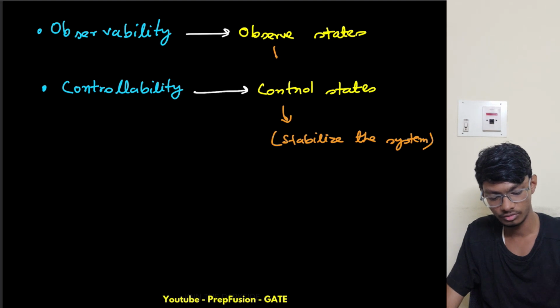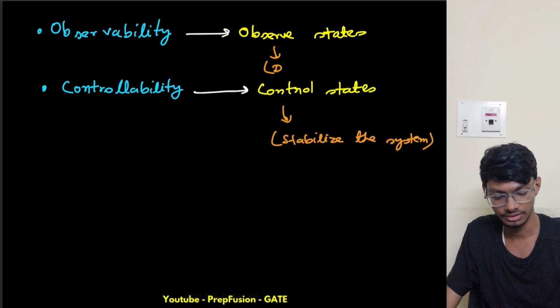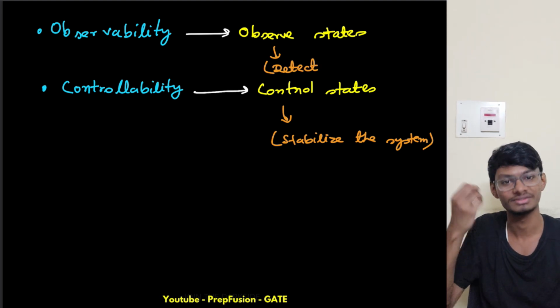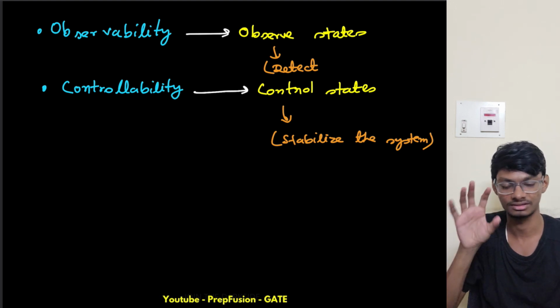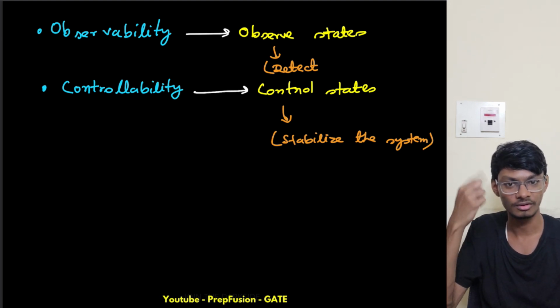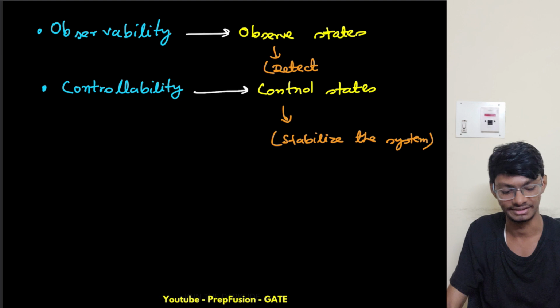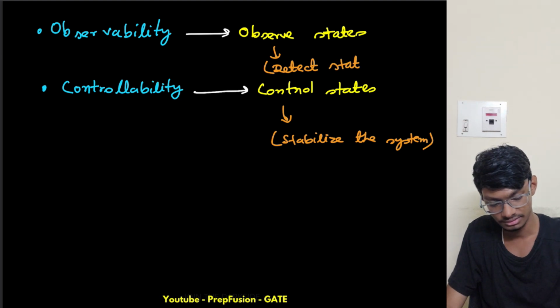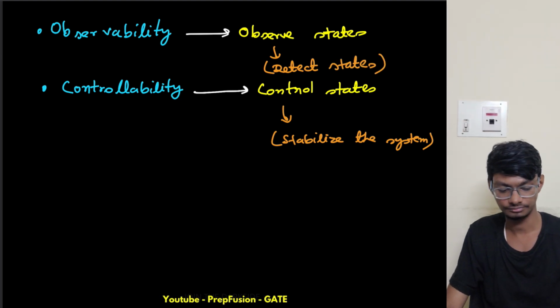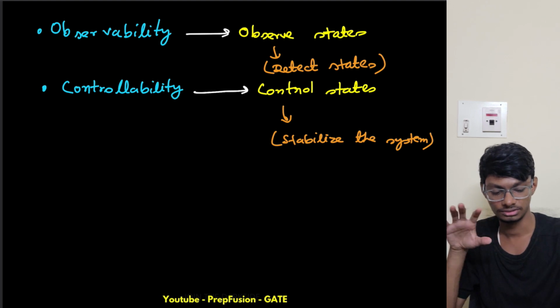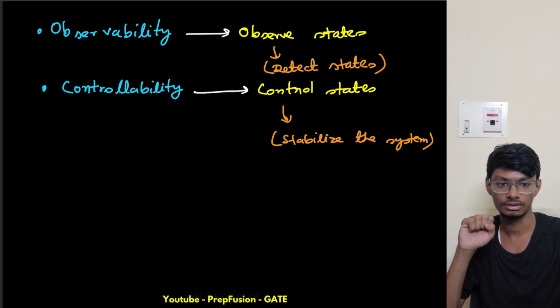And why do we want to observe the states? To detect the states and give them back to the state feedback to basically control. That is the concept of observability. So the concept of observability only comes due to controllability, to detect states. So these are the two things.